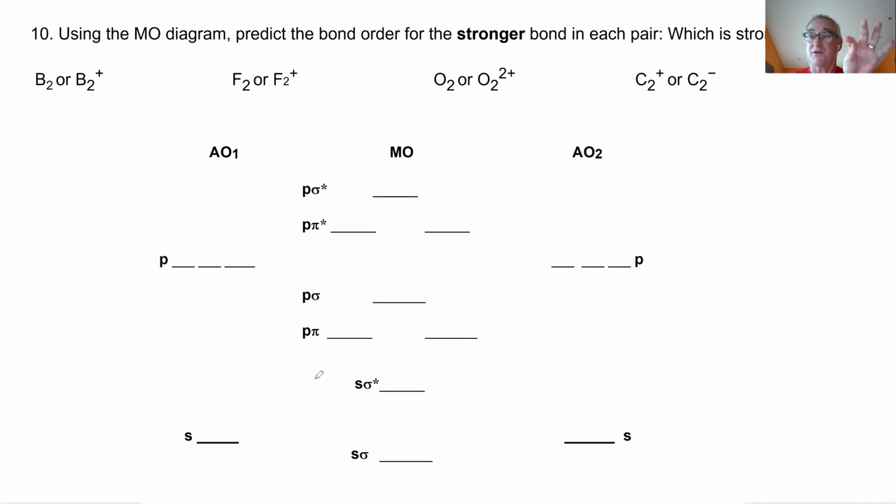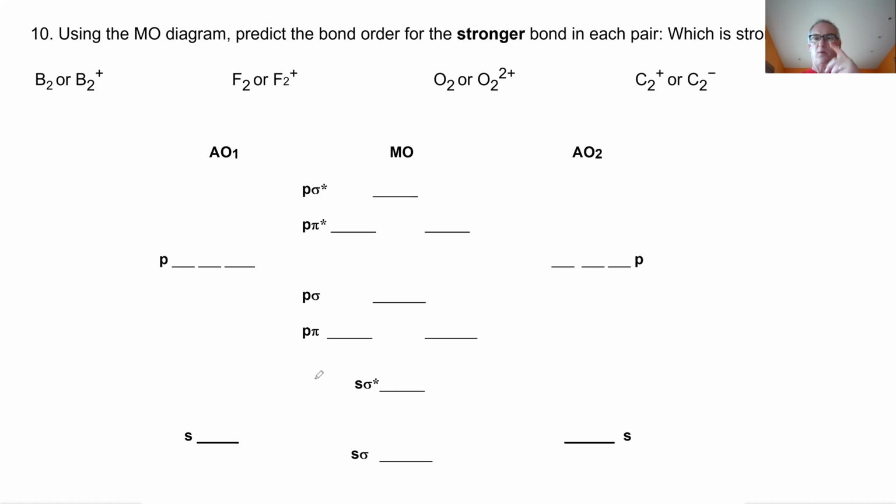So when we were first introduced to the idea of molecular orbitals, we were shown that as you went across the periodic table, certain elements would form strong bonds and certain ones wouldn't, depending on how many electrons got put into bonding orbitals and non-bonding orbitals.